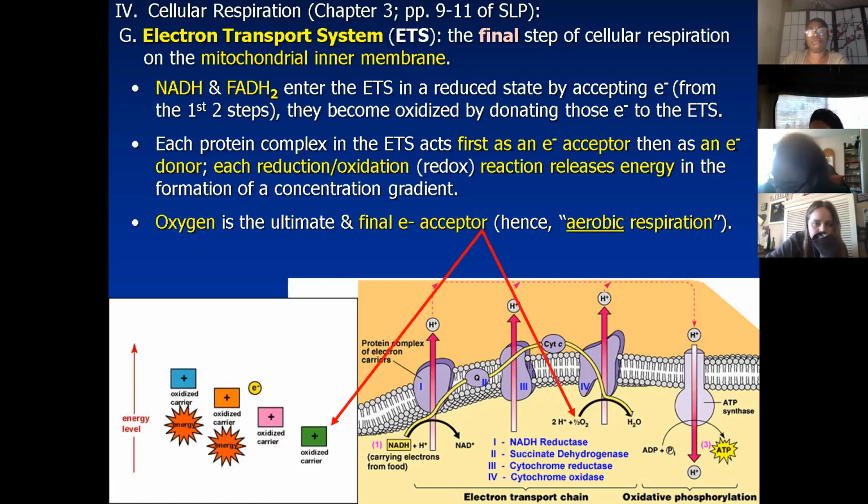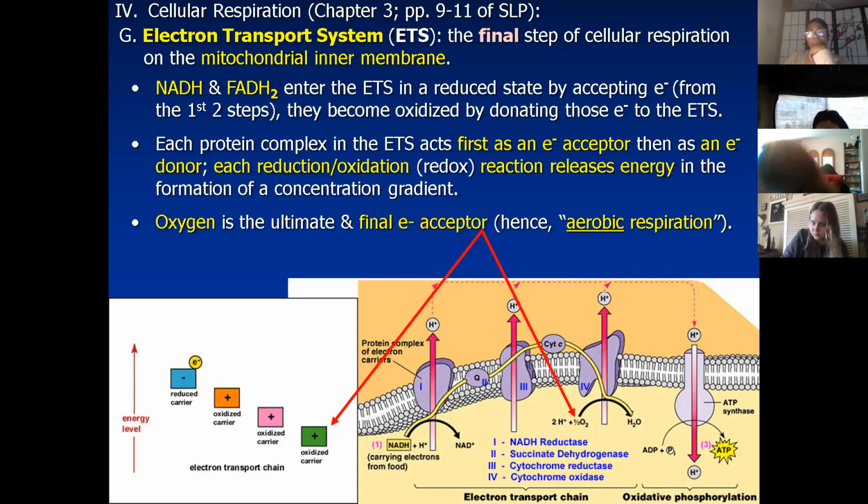Okay, and that's what happens to the final electron. It's actually going to happen twice. And it's going to join with a single oxygen atom. And that's why it's called oxidation, because oxygen is the final electron acceptor, becoming water.